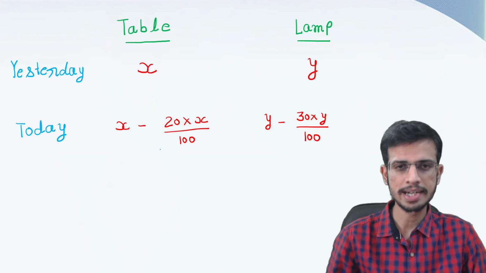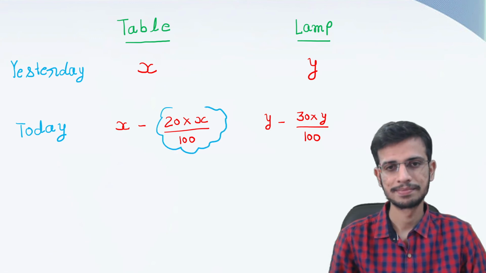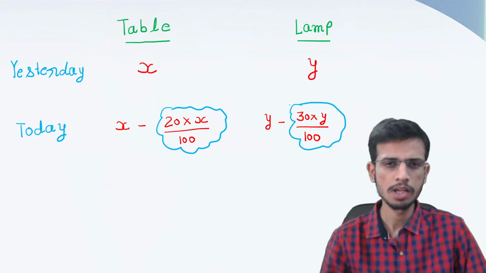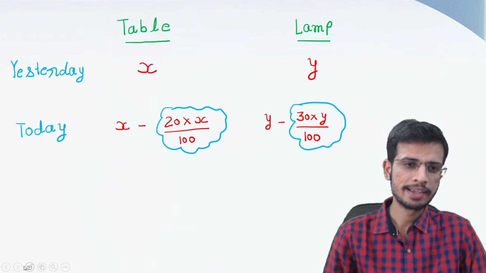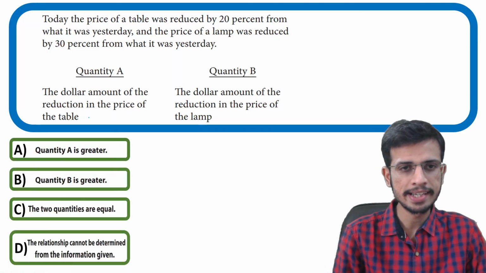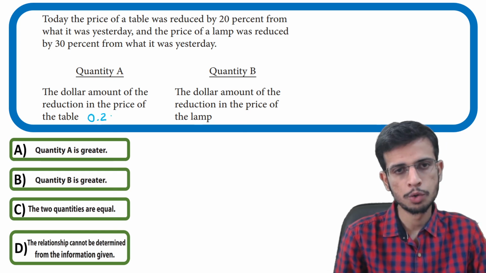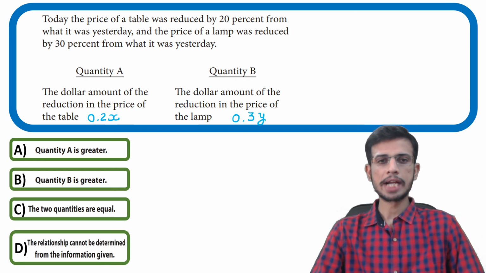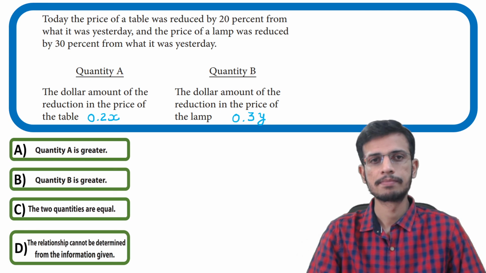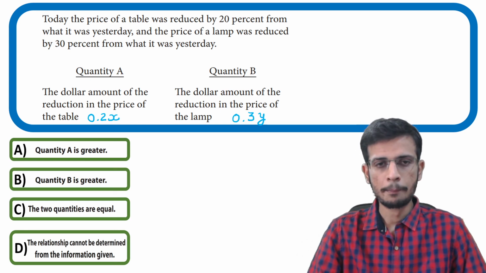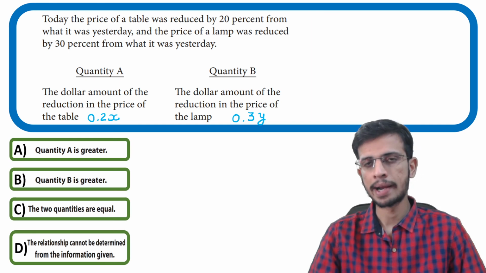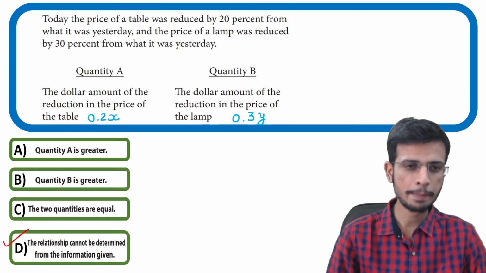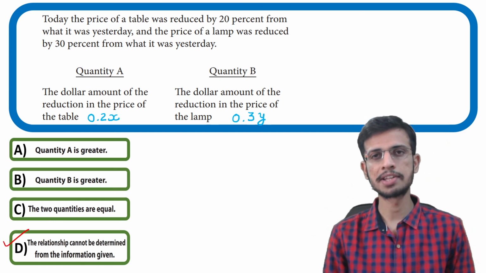Quantity A is 0.2 times X. Quantity B is 0.3 times Y. So can we compare these quantities with the given data? No. We can't compare the quantities because yesterday's price is not given to us. We will be choosing option D as the correct answer, because depending on the value of X, our answer will change.